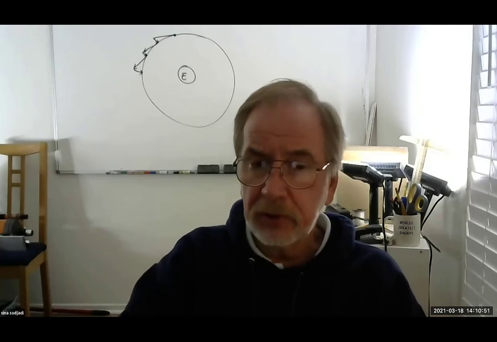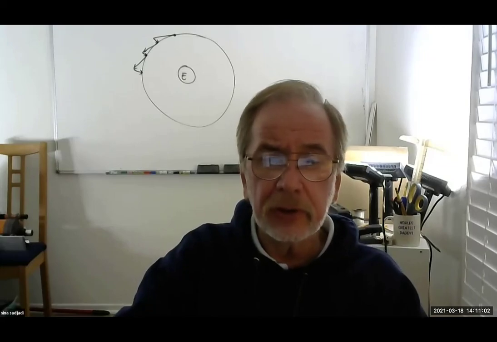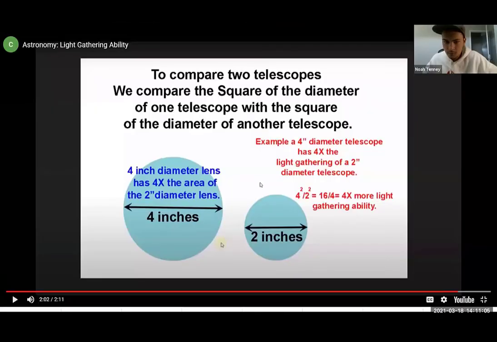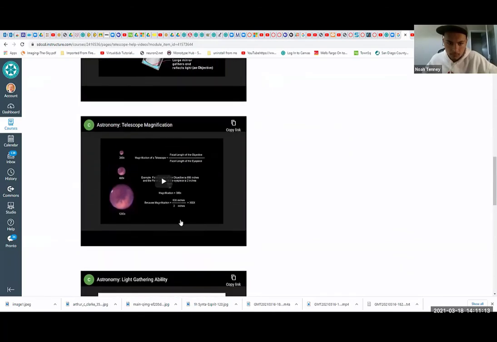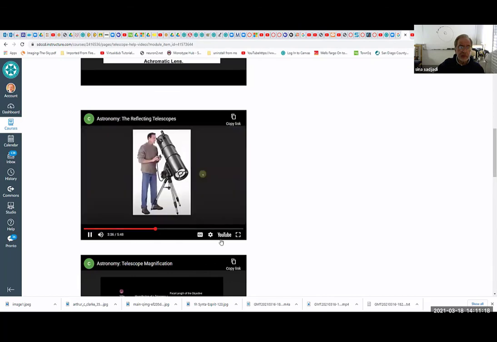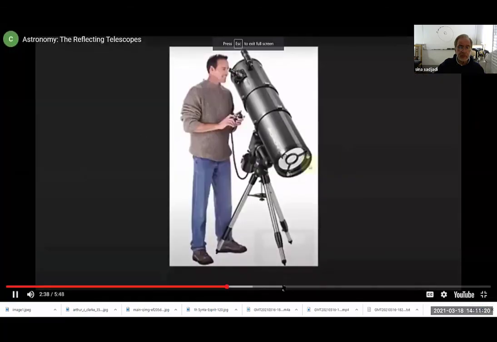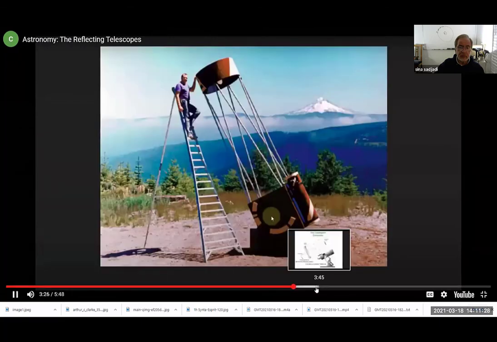Cassegrain telescope. So a space telescope is a Cassegrain telescope. Cassegrain telescopes, the focal point. They look like this. Let me stop this. Go to Cassegrain telescopes real fast. Cassegrain telescopes are reflective telescopes. This is an example of a Newtonian telescope. Every eye is different, so for every observer it becomes very unruly.